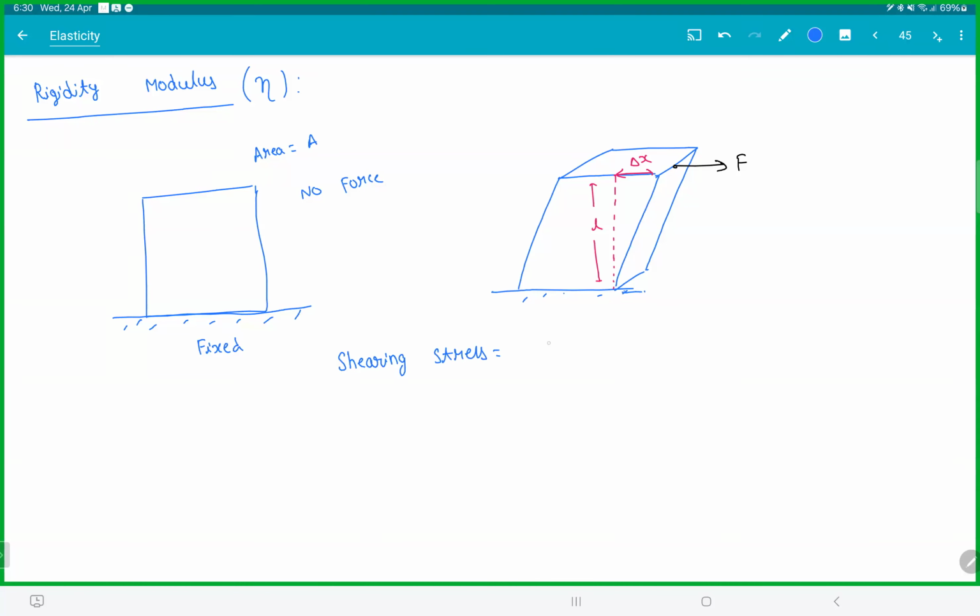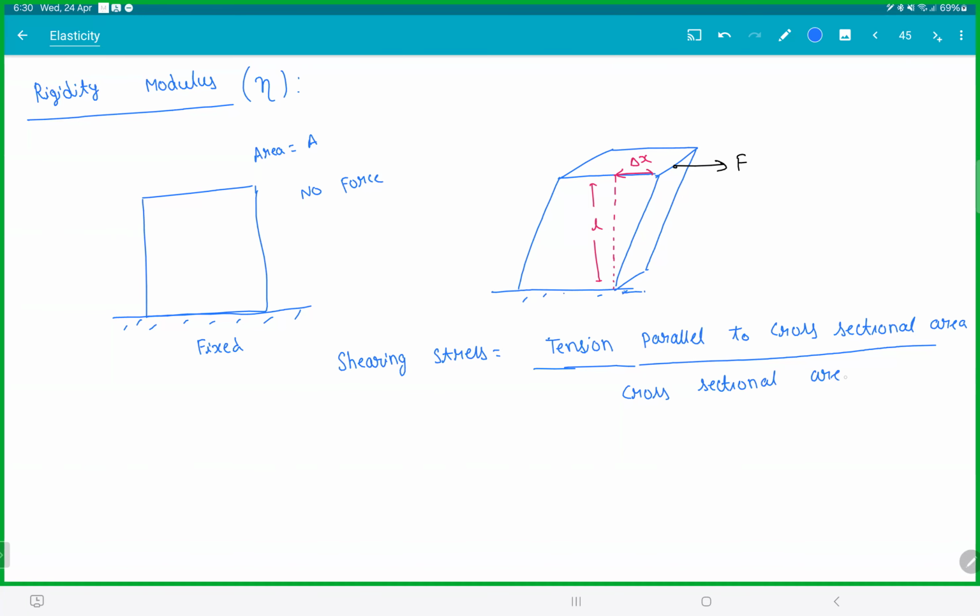The shearing stress here is the tension or force, in this case, parallel to the cross-sectional area, divided by the cross-sectional area, which is F parallel by A.